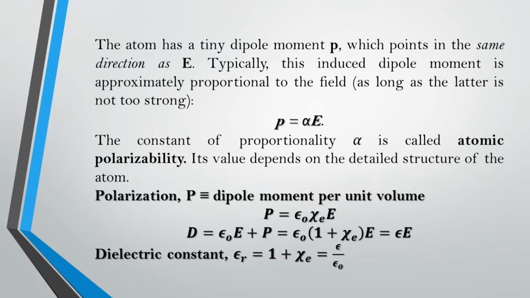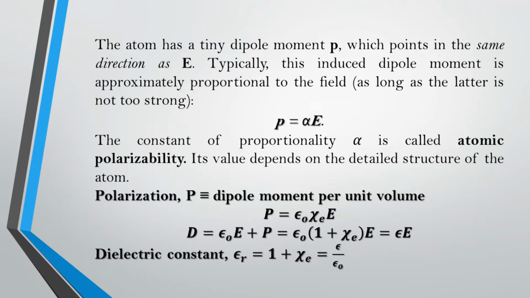Now the atom has a tiny dipole moment, small p vector, which points in the same direction as E. Why is it induced? Because it is due to the external electric field. The dipole moment is generated due to the external electric field.